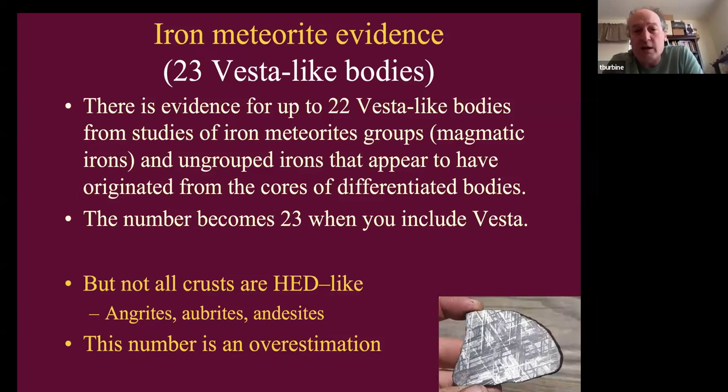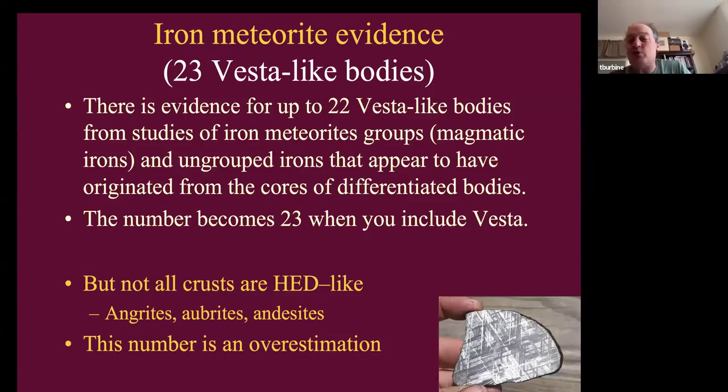And then Bidong looked at the iron meteorite evidence. To get an iron meteorite, if it cools in the core, you get what's called a Widmanstätten pattern because it had to have cooled very slowly. And he tried to look at how many of these iron meteorites could potentially come from a Vesta-like body.